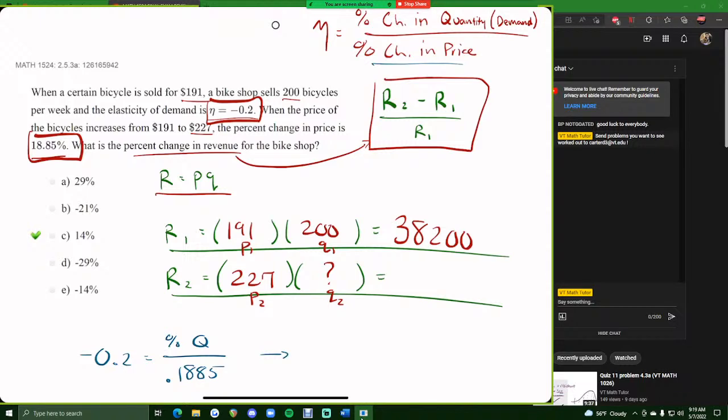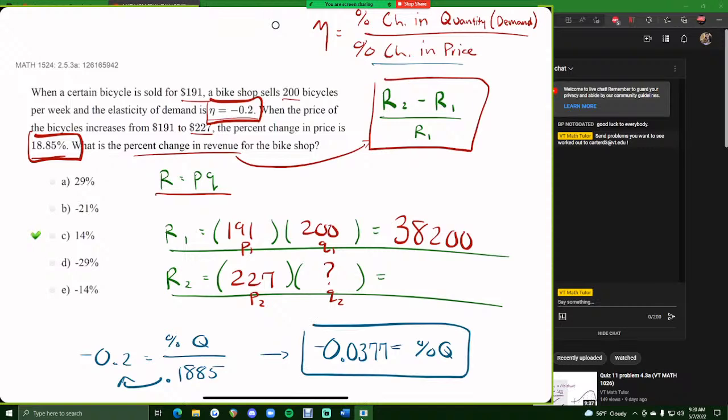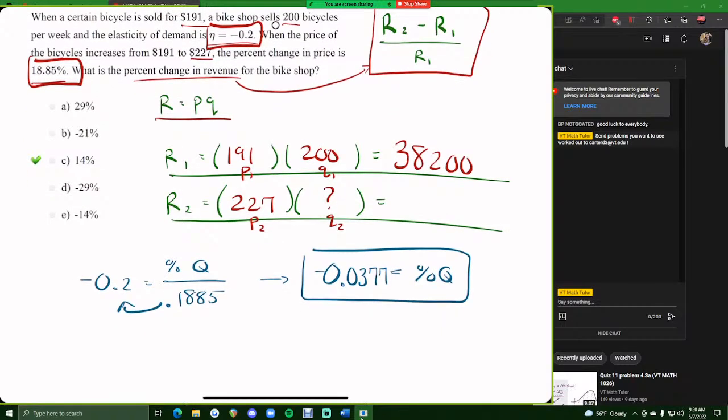Now our goal is to solve for percent change in quantity. The way we do that is just by multiplying the 0.1885 to the other side, to negative 0.2. In my phone real quick, negative 0.2 times 0.1885 gives us negative 0.0377. That is our percent change in quantity.